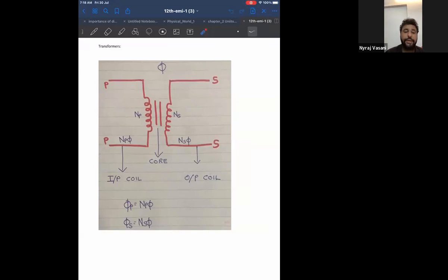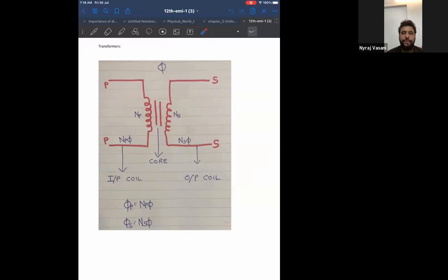Listen to me. A transformer either increases or decreases input voltage. It does not convert AC to DC, DC to AC, nothing like that. If I give some voltage, and it increases or decreases that voltage, then it is called a transformer.